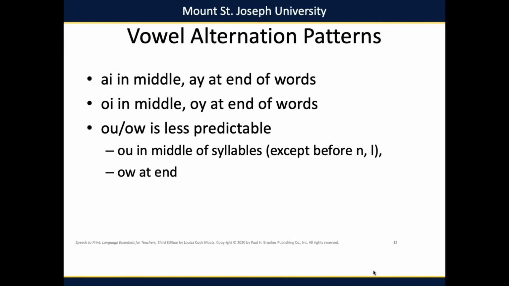This is a less predictable pattern, but typically OU is used in the middle of syllables, such as the word cloud, but there are exceptions, like when OW comes before the letters N or L, like in the word brown. The letters OW are used for the OW sound when the sound is at the end of a syllable, such as the words cow or rowdy.